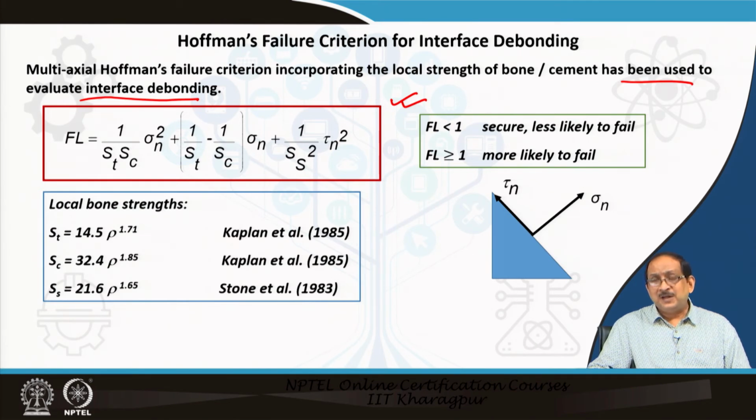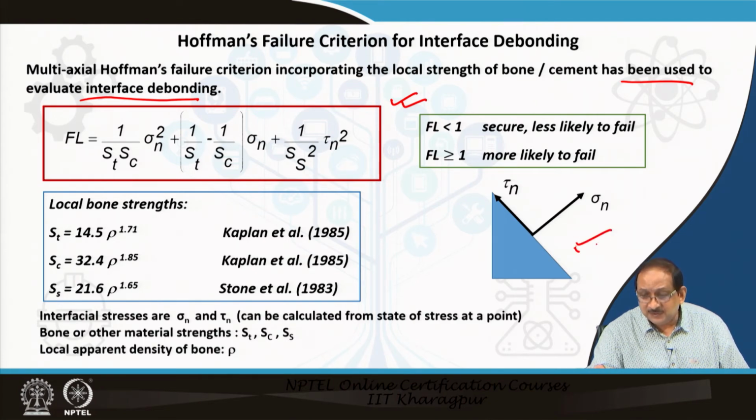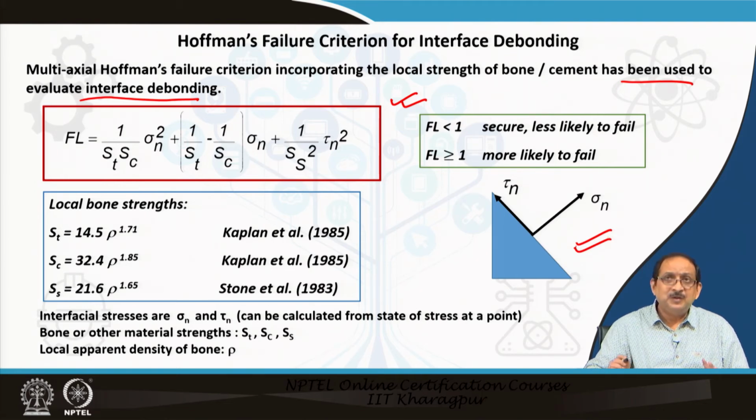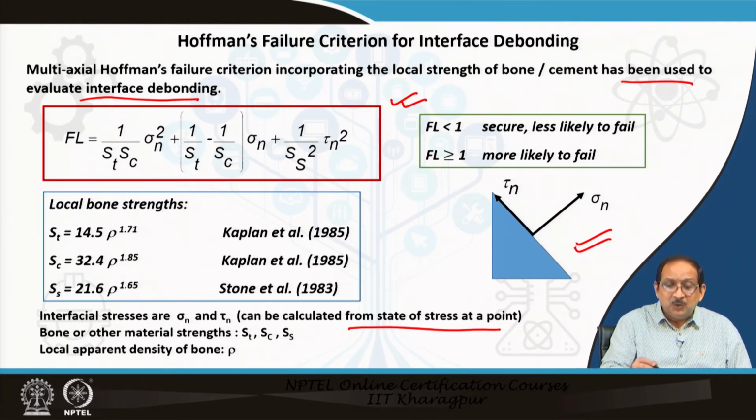Now, this criteria incorporates the interface stresses, the multi-axial interface stresses in form of normal and shear stresses that can be calculated from state of stress at a point. It also incorporates at the same time the local strengths of bone or other material in the implant bone structure.